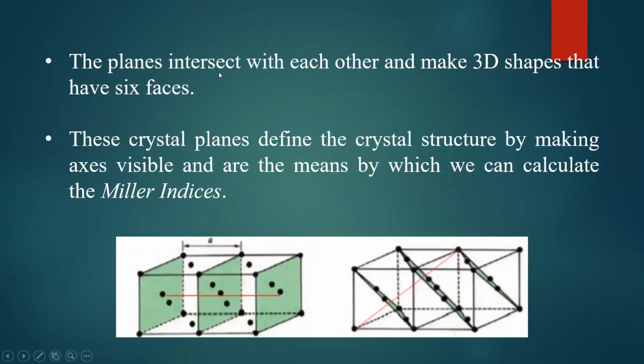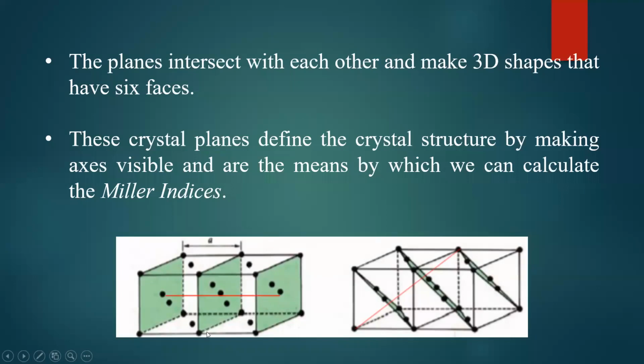Now the planes intersect with each other and make 3D shapes that have 6 faces. So basically you can find this set of planes and you can find the set of parallel planes like this. So along the x-axis, along the y-axis, and along the z-axis, you can find sets of parallel planes.